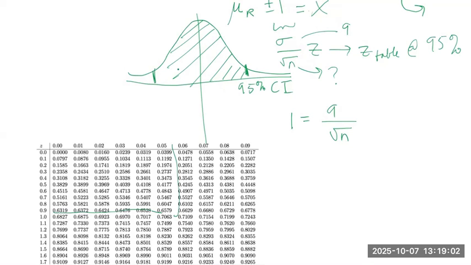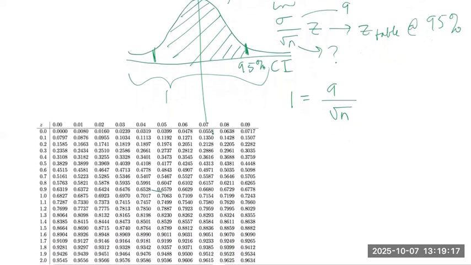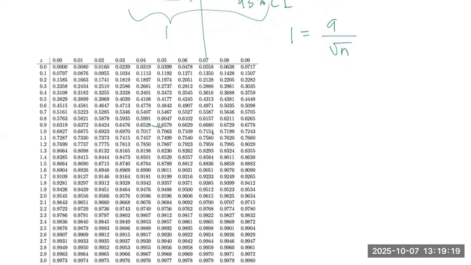So the area under this curve is 0.95, and the total area under this Gaussian distribution is 1. So we actually have to work backwards. We are not given a z-score. We are given error, but we want to find the z-score. So we have to look for a value close to 0.95.